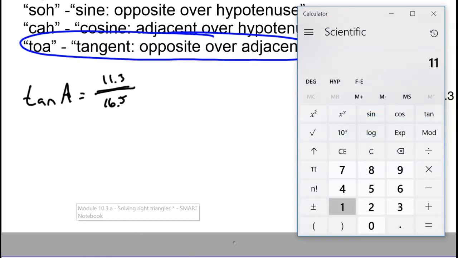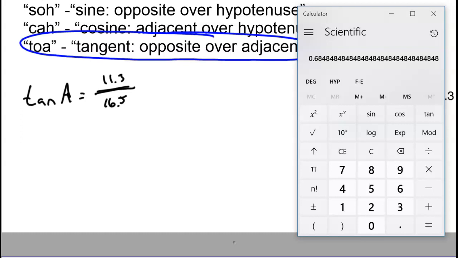So 11.3 divided by 16.5 gives us 0.68484848. Okay.